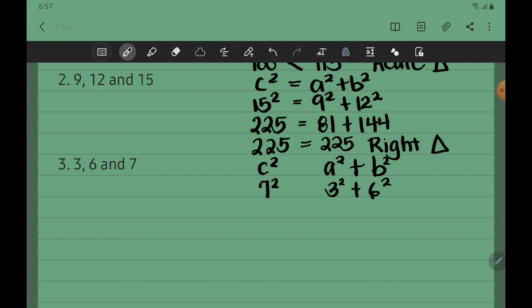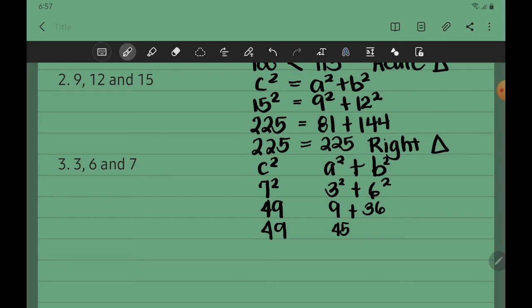So, 7 squared, that is 49. 3 squared, that is 9. Plus 6 squared, that is 36. And then let us add up 9 and 36. So we're going to have 9 plus 36, that would be 45. So again, let us look at our longest side, which is 49.